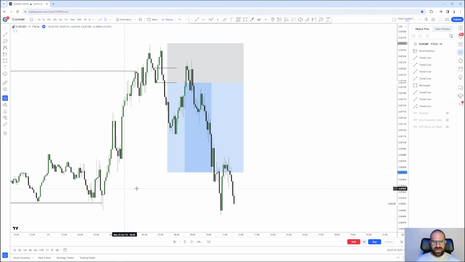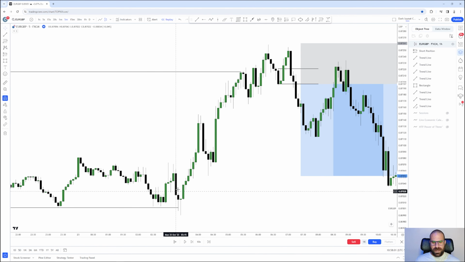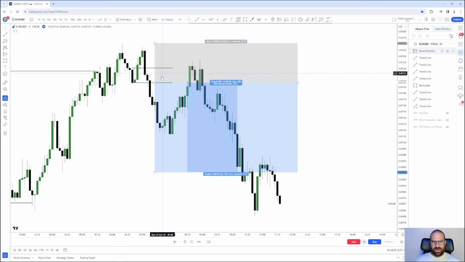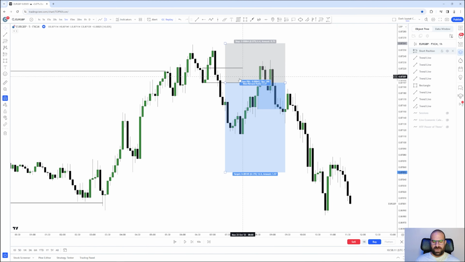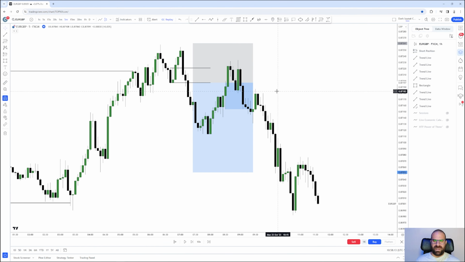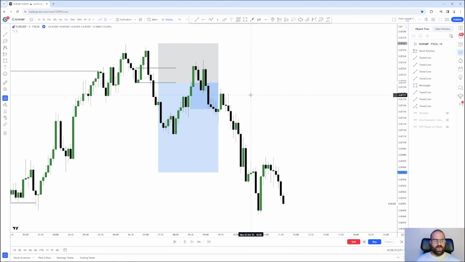So you saw the first example that we showed, which is the proper unicorn model. Right here we had the stop loss right below the area and it worked out. Here with the stop loss right above the area you would be losing, but in both examples, even though this is not the proper unicorn, it is a variation that I like to trade. Again, if you would place your stop loss above those areas, you would be absolutely safe, guys.